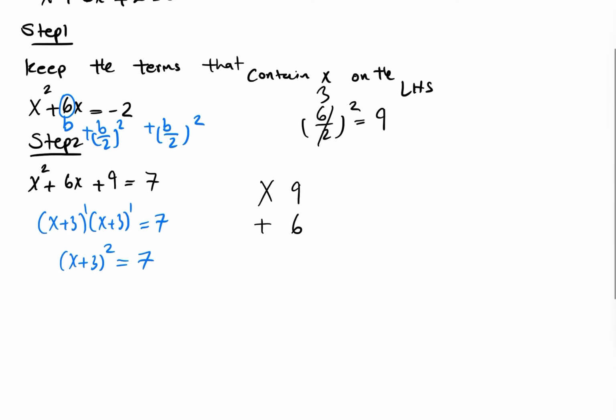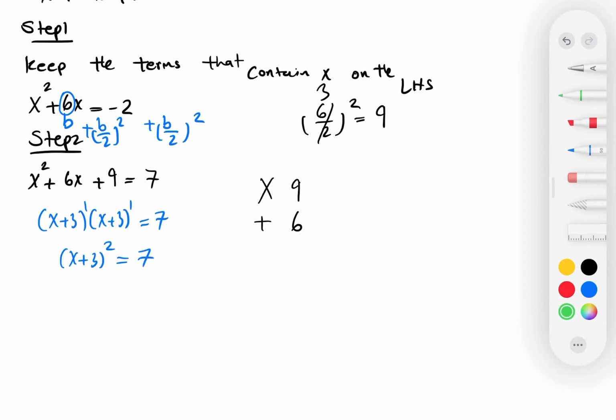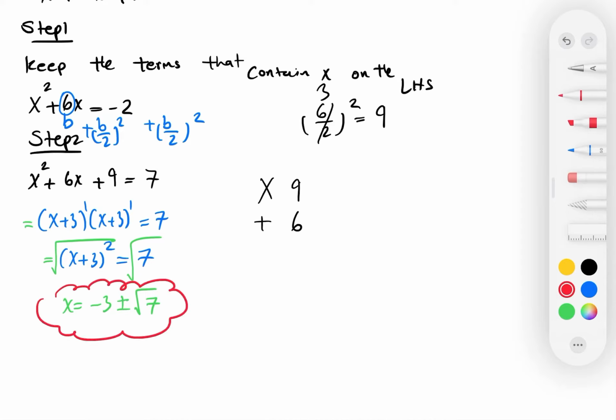All right, so now the next step is to just get rid of the power of 2 on x plus 3. That would be to take a square root. And if you do anything to the left-hand side, you should do the same to the other side. So x is equal to negative 3 plus minus radical 7. So why negative 3?